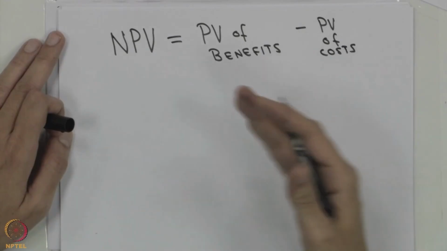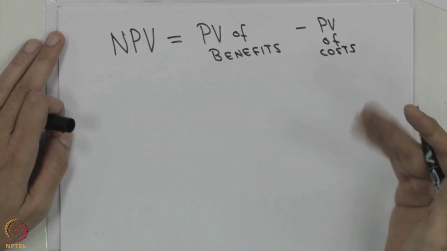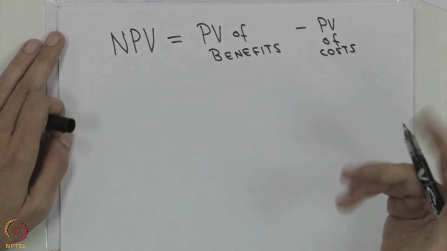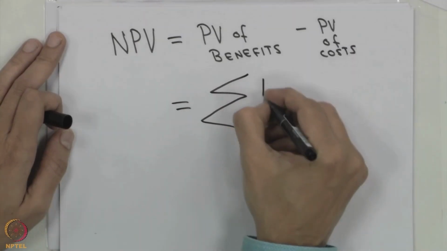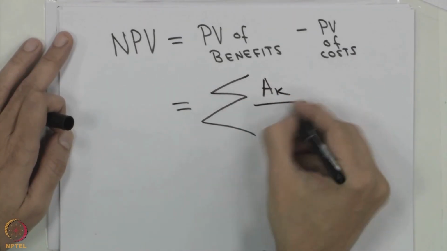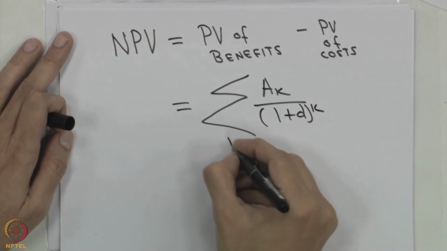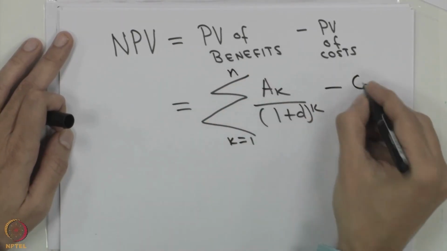So, in the case where we had an upfront investment C0 and a benefit stream which is A_k, this becomes the sum over k = 1 to n of A_k / (1 + d)^k, minus C0.